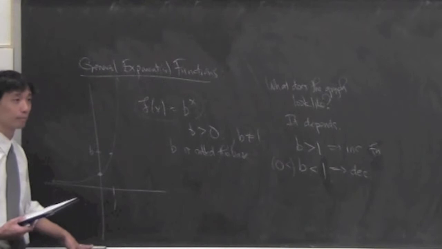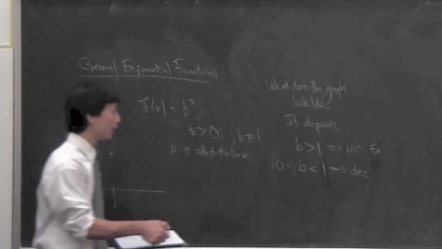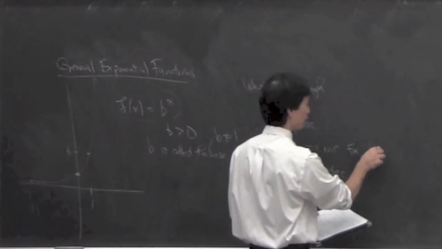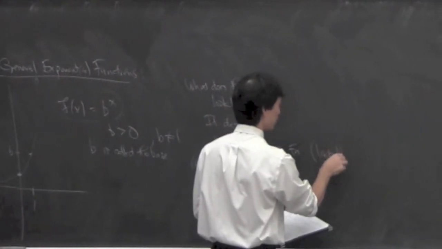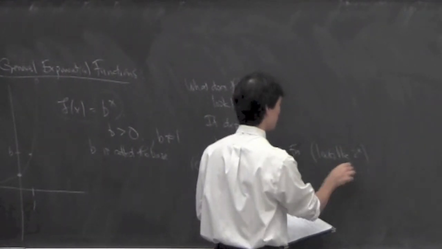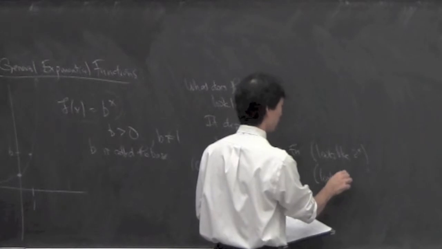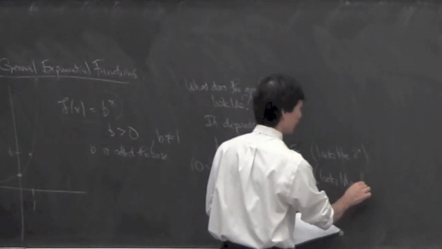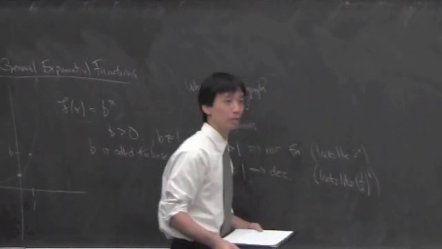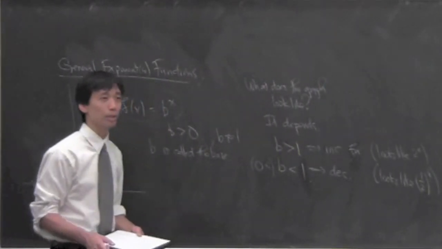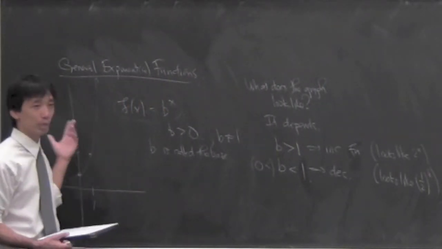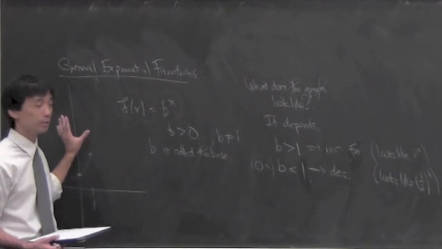So that would be like 2 to the x, and here it looks like 1 half to the x. In other words, that is 2 to the negative x. It will look like the flip of one of the guys where the base is bigger than 1.